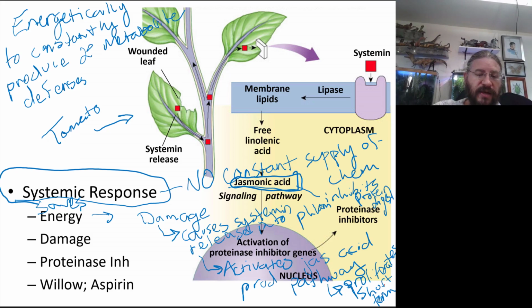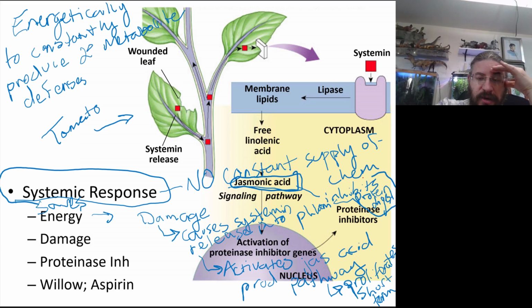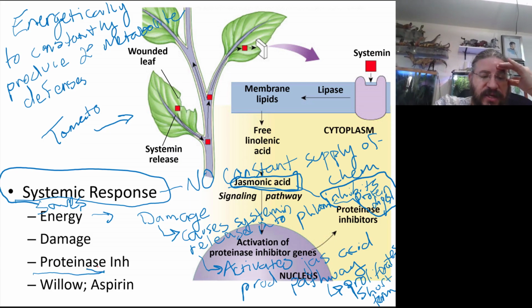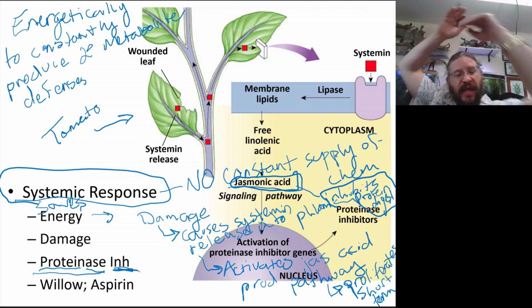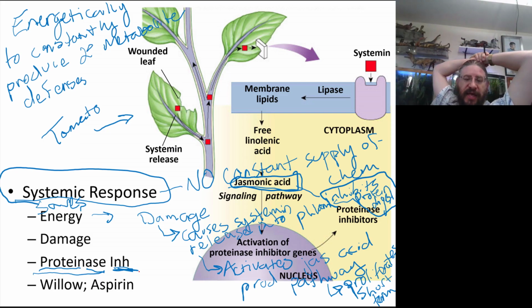And now jasmonic acid is inhibiting protein digestion. Proteinase: ase means enzyme, protein means it digests protein. So it's a proteinase inhibitor. So the proteinase inhibitor is jasmonic acid, and that's pretty cool. So it inhibits the digestion of the plant.